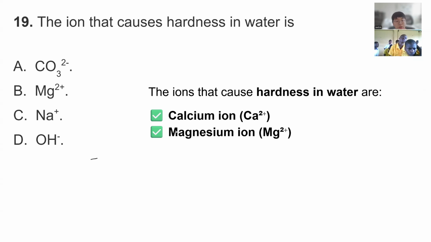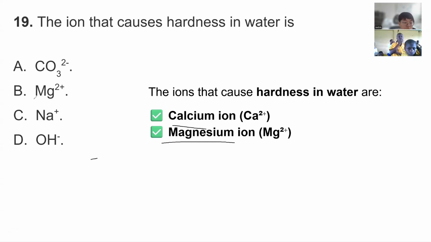Okay. So let's just look at this question. The ion that causes hardness in water is, yeah, this popped up in a different type of question, but I'll just put it here. B. Yeah, B, right? So whatever causes hardness involves magnesium and calcium.